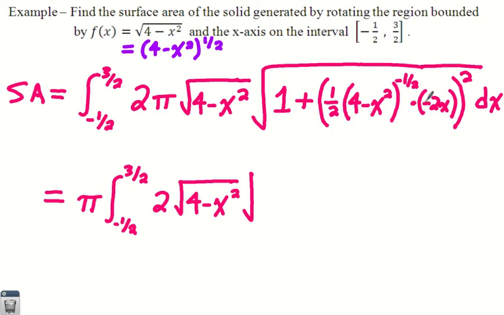So this negative also gets squared, so that's just going to be positive. So I can pretty much forget about this being a minus because we're going to square this whole thing. 2, okay, 1/2. And then when I square this bubble, it's going to be 4 minus x squared to the -1 power.